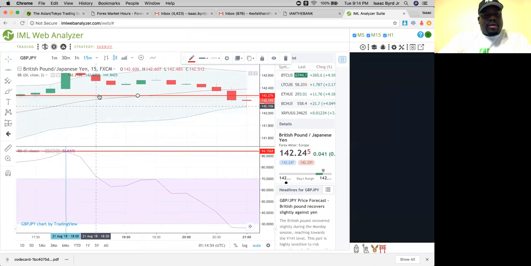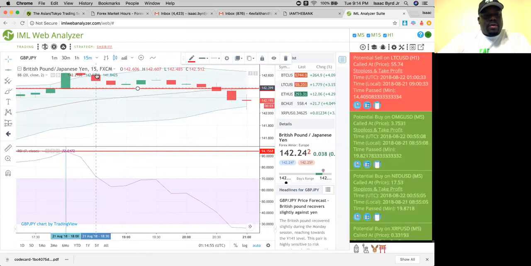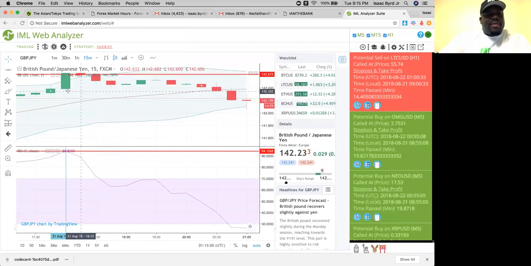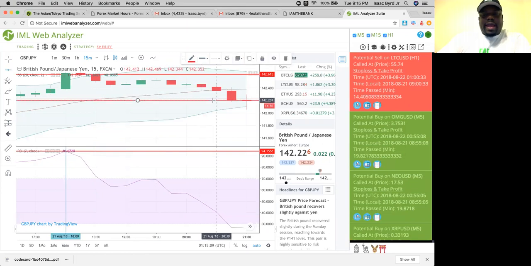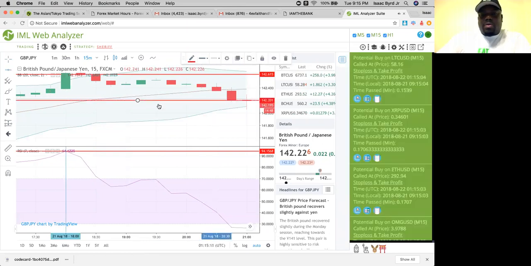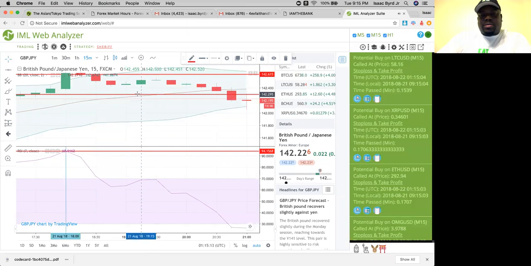If you were to have gotten into this trade up here, let's just throw this in. Sorry, I'm trying to get this to move up there. So had you thrown a trade in right there, and it's not as accurate as I want it to be, but that's fine, and exited, you could have gotten 10 pips. It's a little smaller than I wanted.